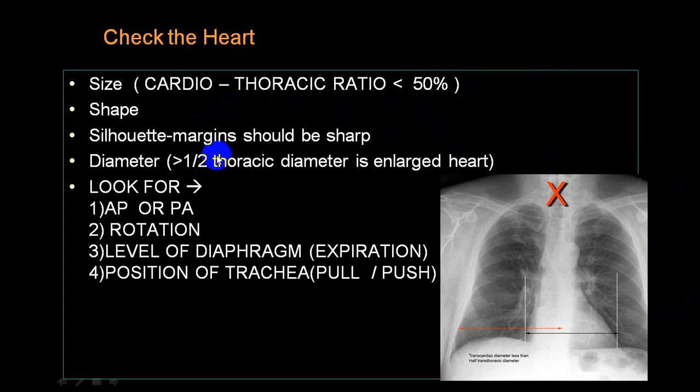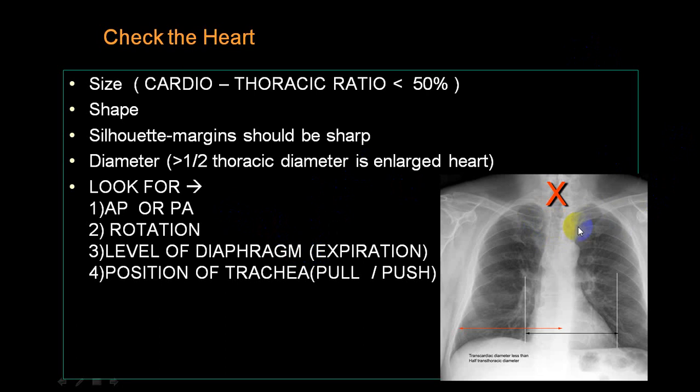But before labeling a person as having cardiomegaly, always look at whether it is an AP view or a PA view. If it is a PA view, best. If it is an AP view, don't comment on cardiomegaly because it will give you a false impression of an increase in heart size. If there is a rotation, particularly towards the left side, so that the right clavicle is at a lesser distance compared to the left clavicle, there will be pseudocardiomegaly.